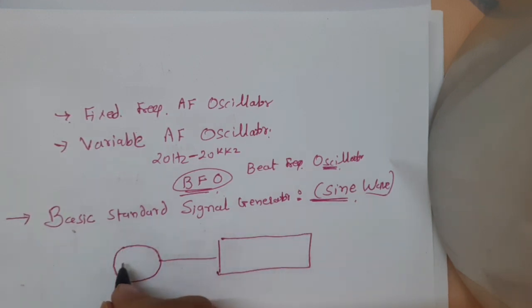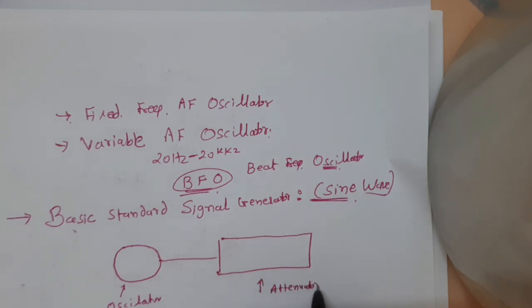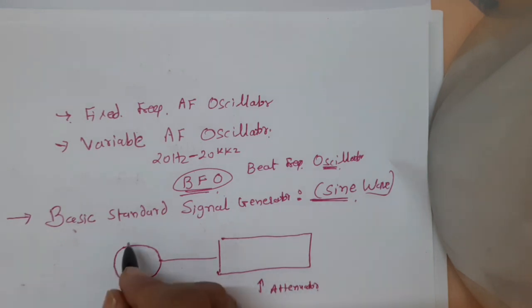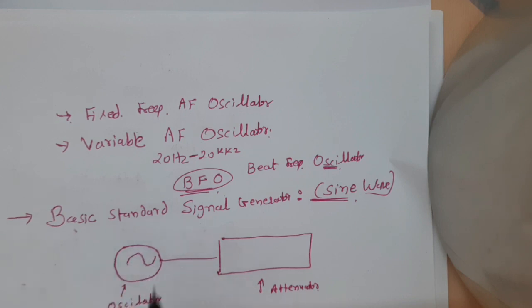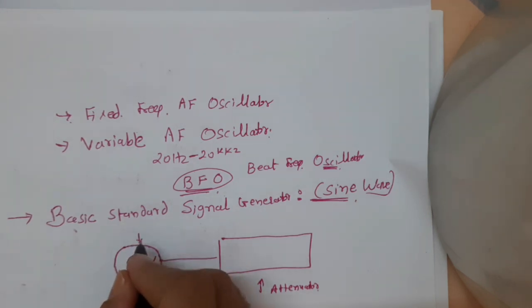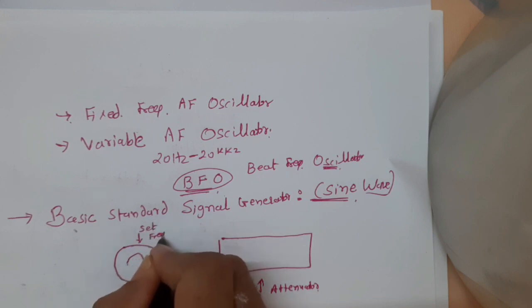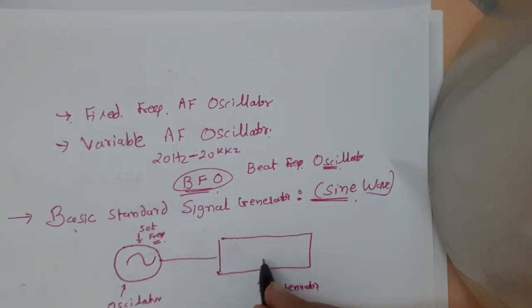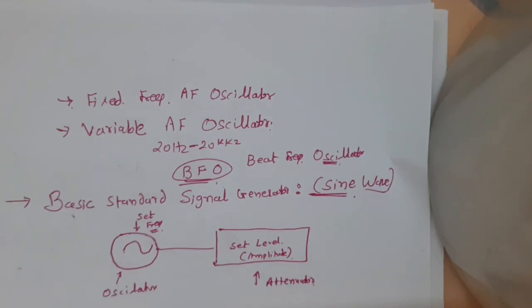This is our oscillator. This is our attenuator. The function of the oscillator is to generate the sine wave and set the frequency. The function of the attenuator is to set the level, or we can say the amplitude of the signal.